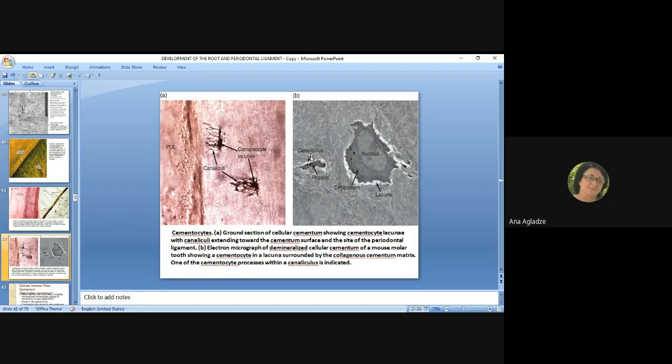You can see the canaliculi here, and this is the cementocyte in its lacuna. Embedded in the lacuna, you can see the nucleus and the cytoplasm of these cells. This is demineralized cellular cementum of a mouse molar, and it shows cementocytes in lacunae surrounded by the collagenous cementum matrix.